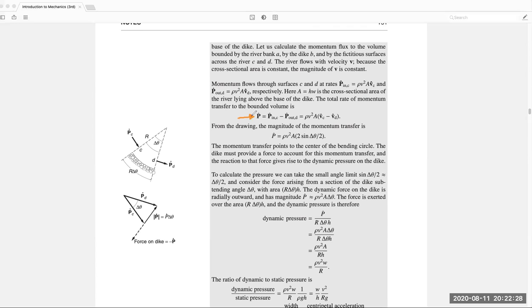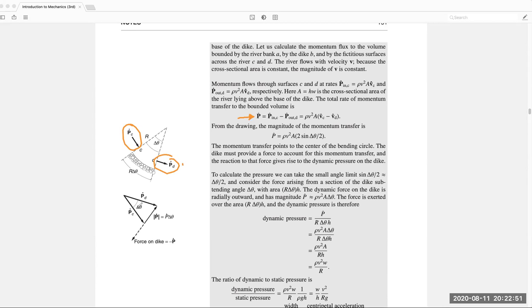This is the rate of change of momentum, that means it is the force. You need to use this one minus this one.